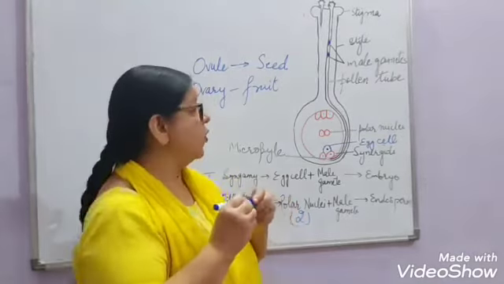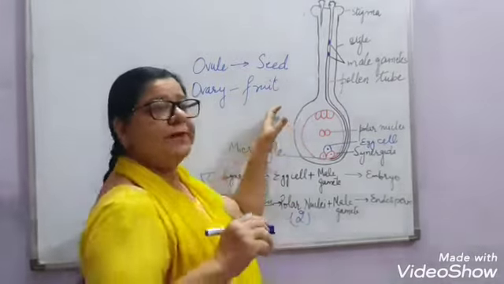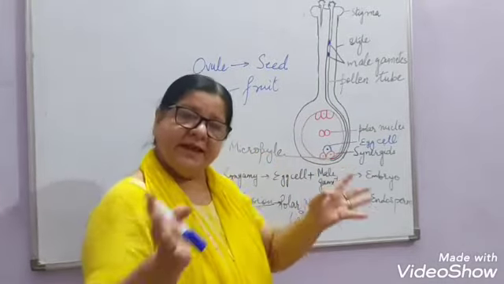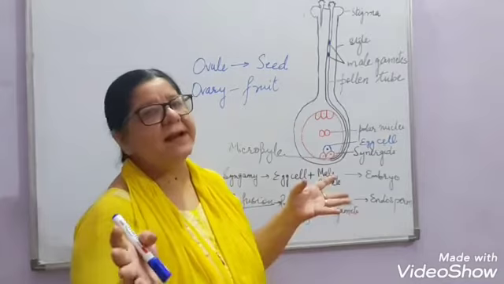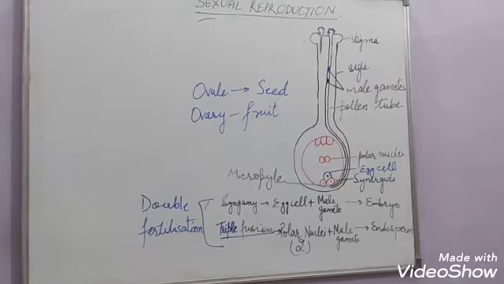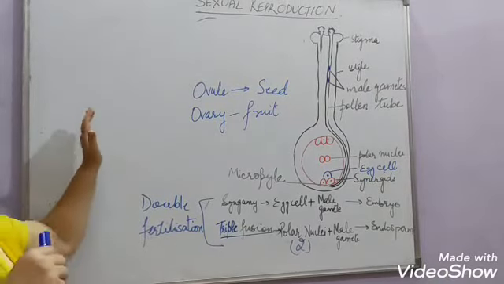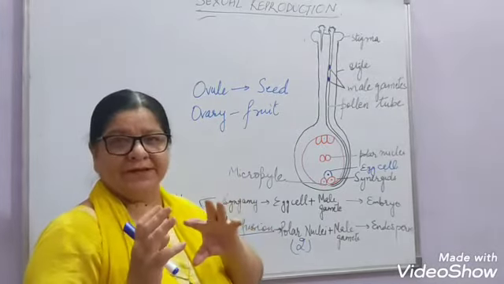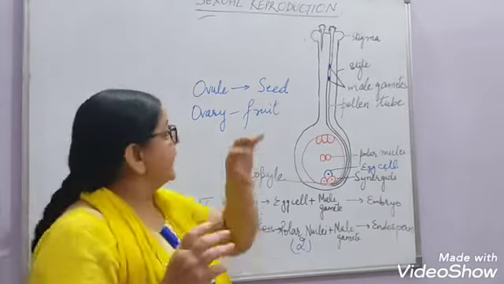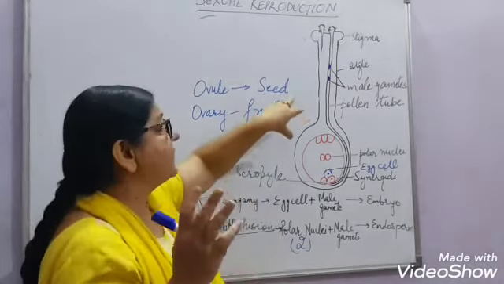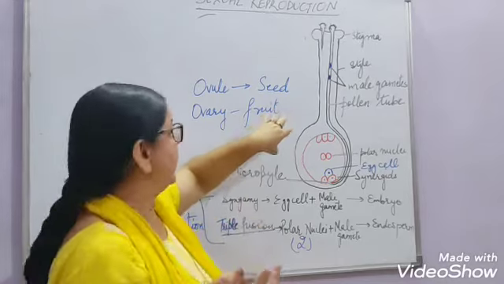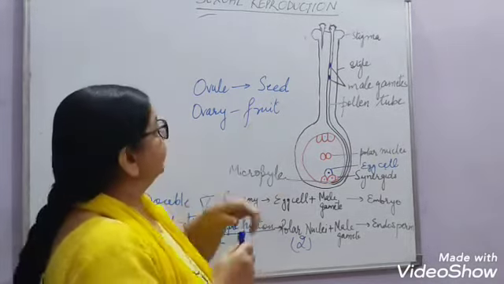The ovule will develop a hard coating and will form the seed. And meanwhile, when this ovary becomes ripe, what will happen? The sepals and the petals will shrivel and fall off. So, where the flower was present, there only this fruit will be born. After that, what happens?